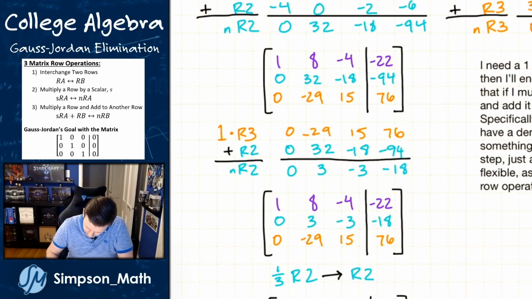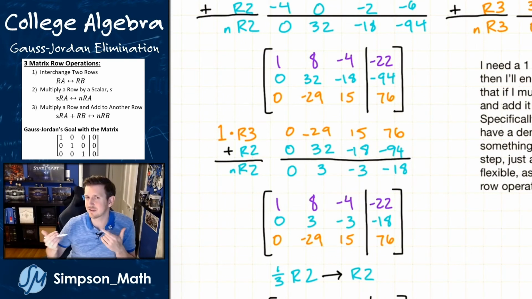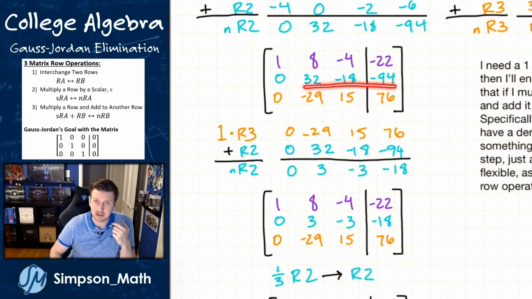Again, I'm trying to show sometimes you have to be a little bit creative, especially when getting the 1s. I noticed that if I add these together, basically times by 1, because I have to multiply by something, so 1 times row 3, and add them together, I can replace row 2 with these numbers.